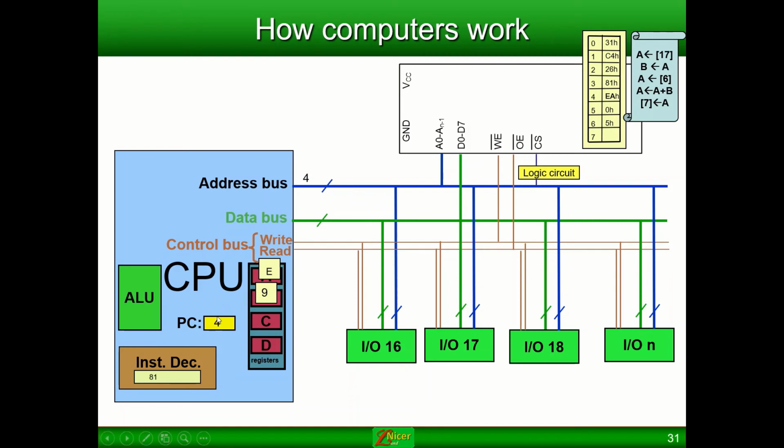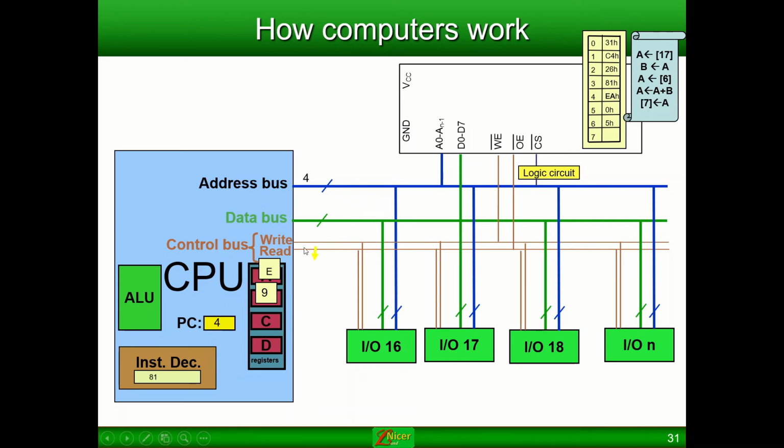Now our program counter will give the address bus the address 4. Now we have access to EAH. The control bus will be in the read mode because we have to read the data. As you can see, the 4th instruction we have to execute is at the 7th location: whatever is in the register A will be copied to the 7th location of our memory.